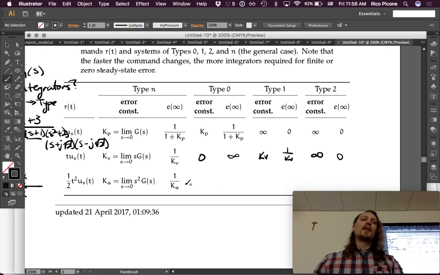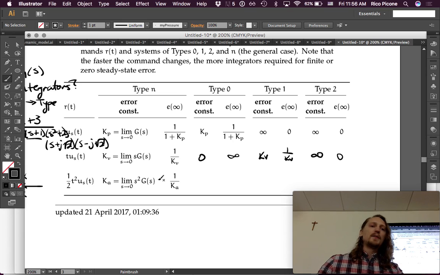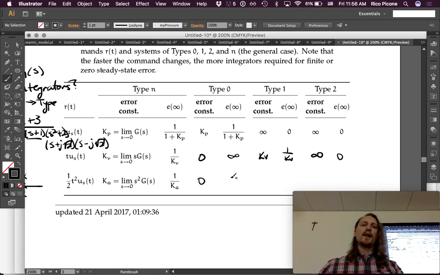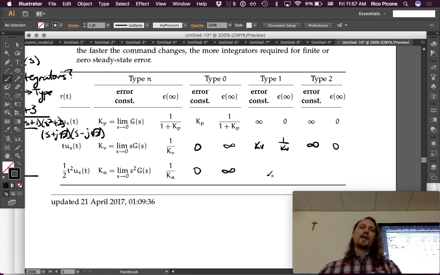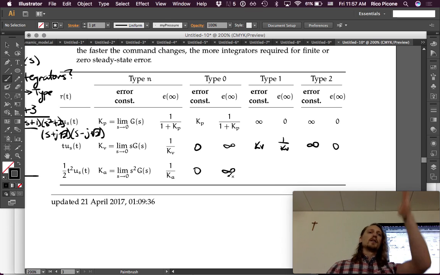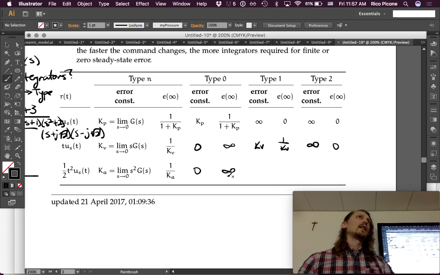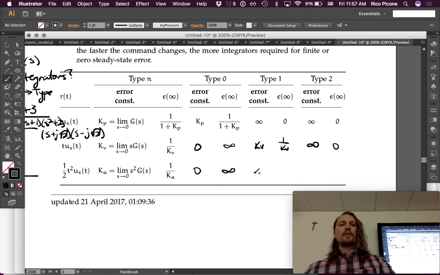And you're probably starting to notice a pattern here. We go up to the parabolic, you have an s squared. So if we have no integrators to cancel that, the error constant Ka ends up being 0. And once again, we have infinite steady state error. Parabolic, of course, being harder to follow in steady state than a ramp or a step.